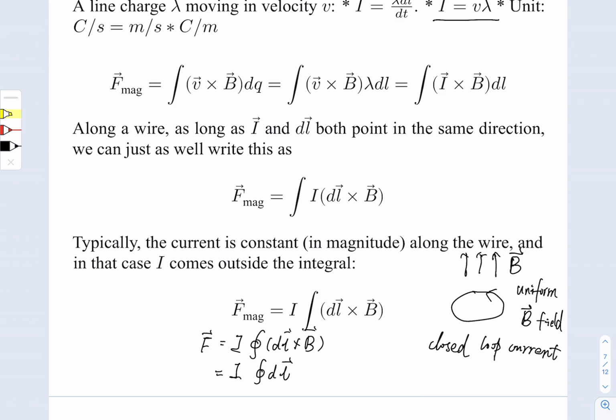So what we have is the integral only along this dl, cross the B. Because this is a closed loop, this integral inside should be exactly 0. And that means that the force felt by this closed loop current should always be 0 in a uniform magnetic field.